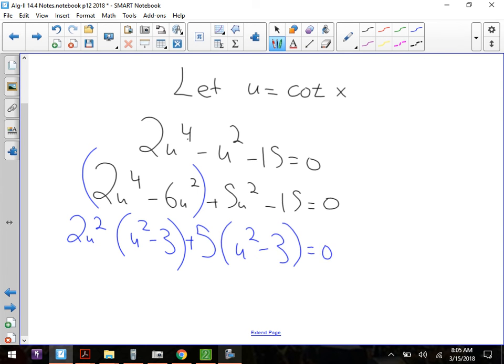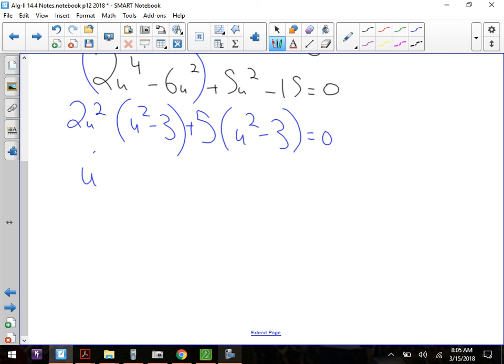Be okay with that? Are those 2 things in the parentheses the same thing? All right, write it down, and what's left? Now I have 2 terms that I can set equal to 0, don't I?